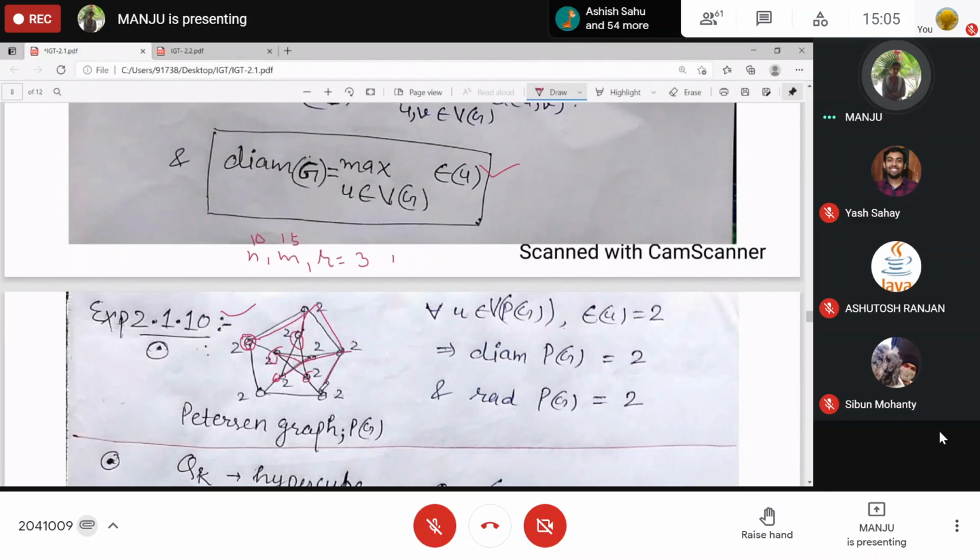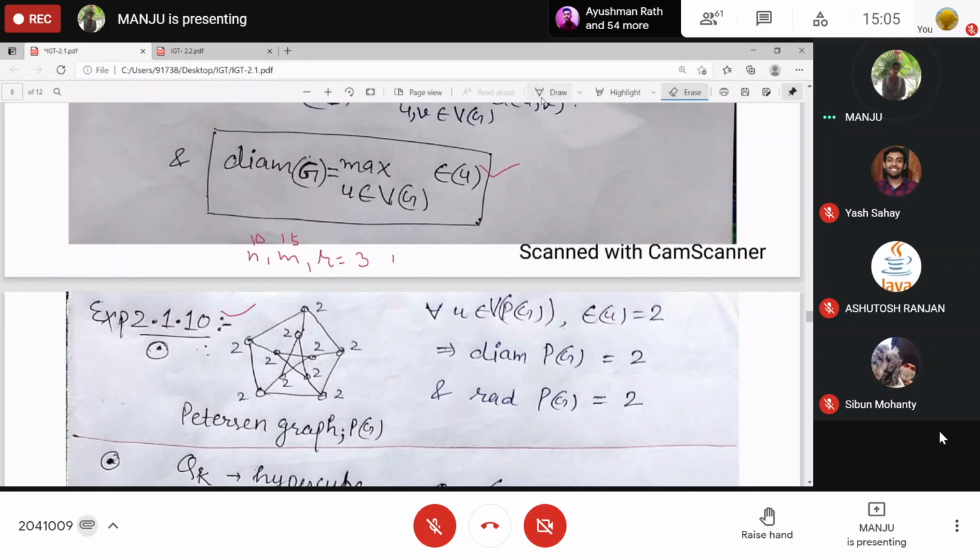This graph is symmetric, in the sense that every other vertex behaves like this vertex. The maximum possible distance will be two.